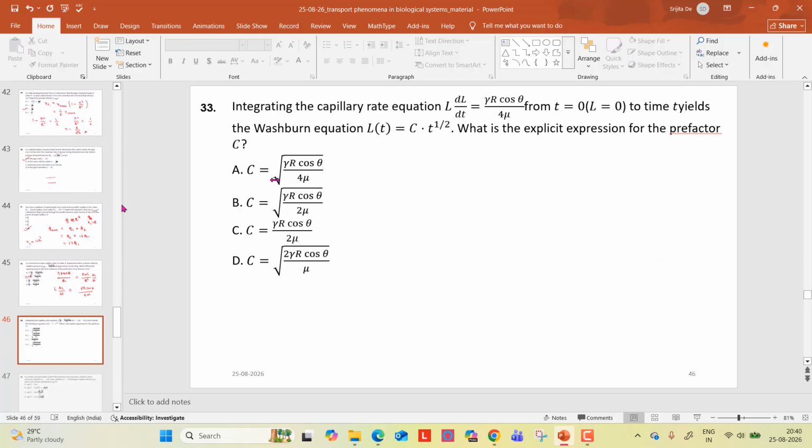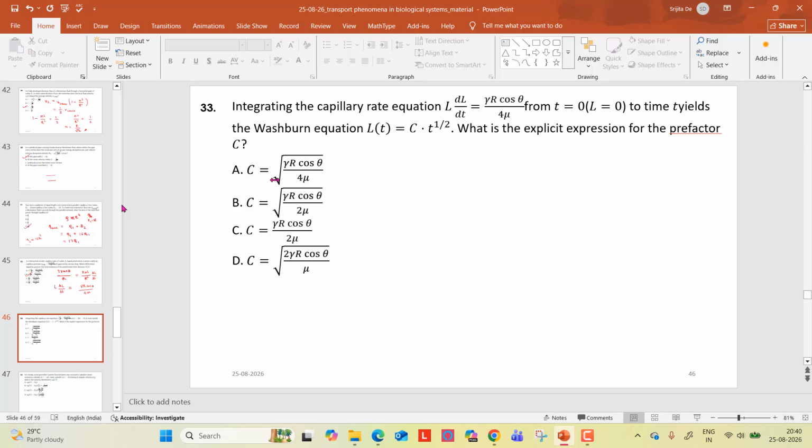Next. Integrating the capillary rate equation L dl dt equals gamma r cos theta by 4 mu, from t equals 0, L equals 0 to time t yields the Washburn equation L equals C t to the power half. What is the explicit expression for the prefactor C? So now we have to show the integration.